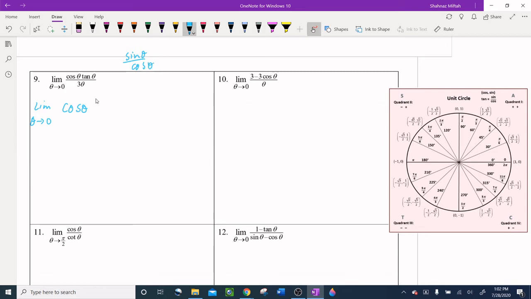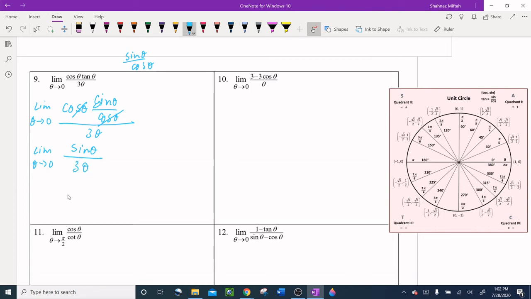That's the identity. So I'm going to use that identity, sine theta over cosine theta over 3 theta. Okay, what else can I do here? You know, cosine cancels out. I can do that. So limit as theta approaches 0 of sine theta over 3 theta.